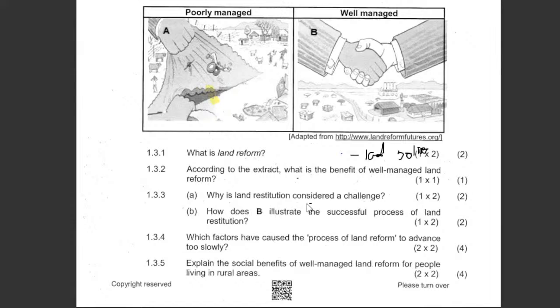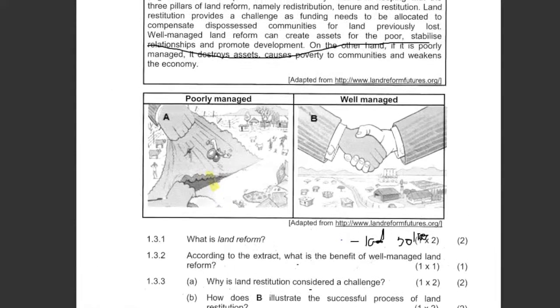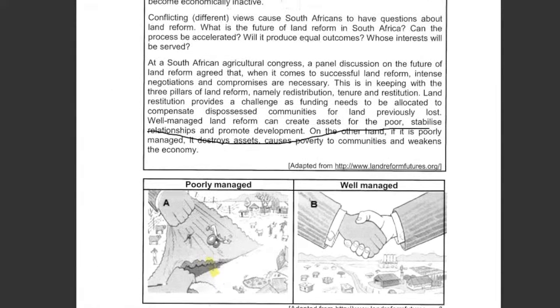Okay. We go to 1.34. Which factors caused the process of land reform to advance too slowly? Why is it advancing too slowly? We need to check the factors from the extract, or we can think of some others that might not be there.